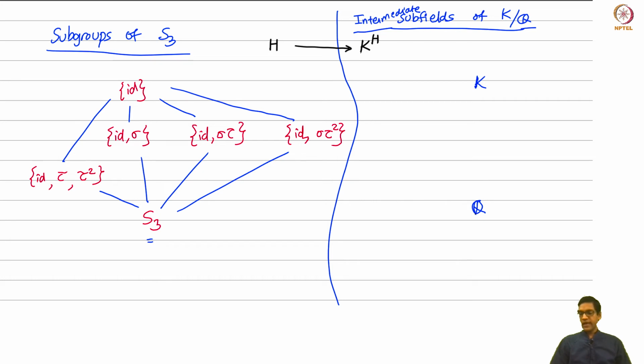Now I have K and Q at the two ends, and there should be some subfields corresponding to these four subgroups. Let me call them K1, K2, K3 and K4. Again I should have inclusion relations in the same way.